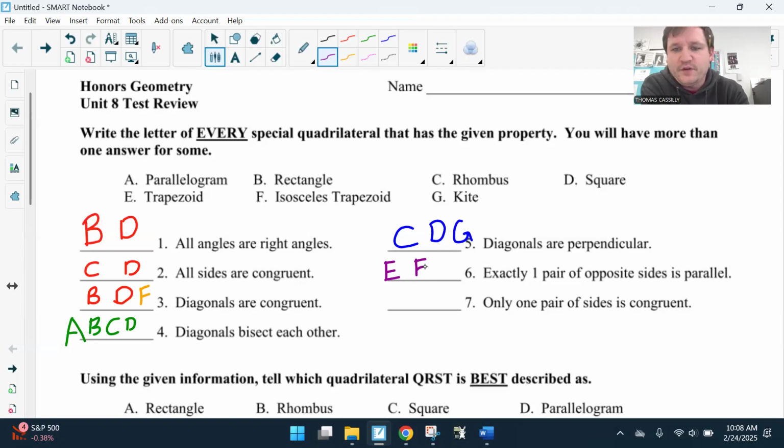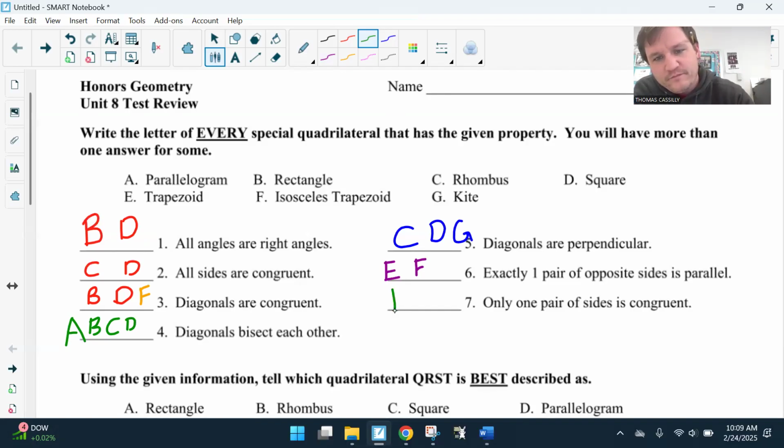And the last one here, only one pair of sides is congruent. Oh, I wrote this. I should know this, right? One pair of sides is congruent. Oh, come on.